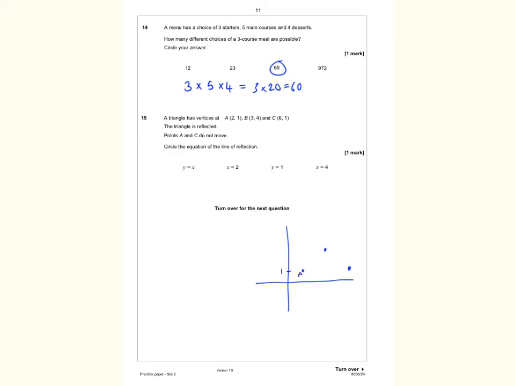This is A, this was B, and this is C. They're telling us that points A and C did not move, and it's been reflected. Therefore, B came around here. So the line of reflection must go along here, which is y equals 1.